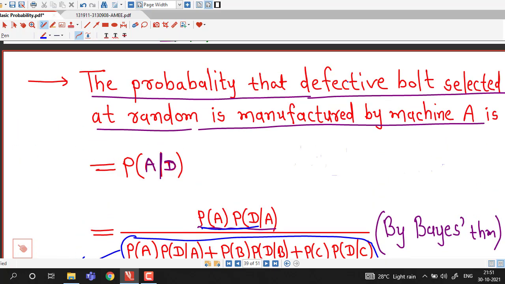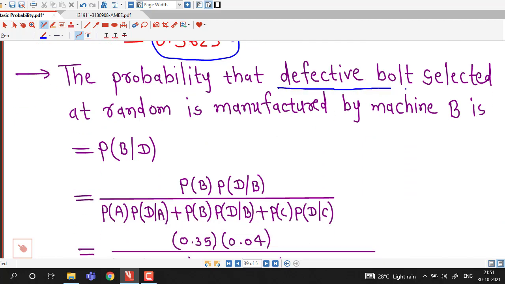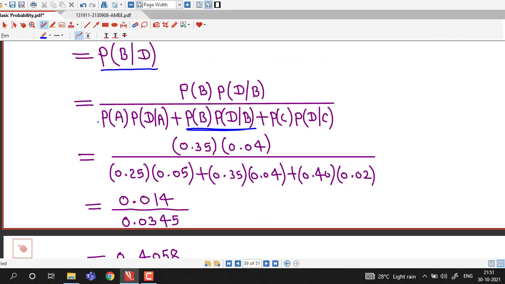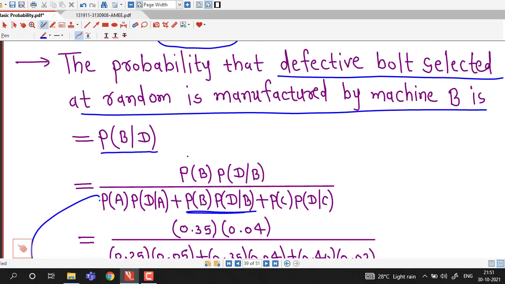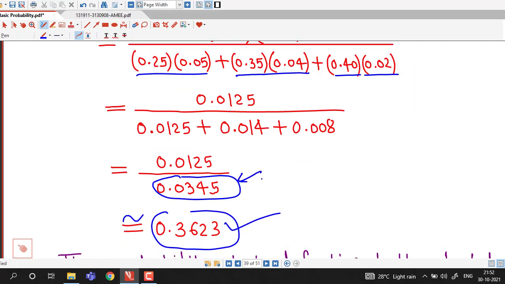Similarly, we find the probability that a defective bolt selected at random is manufactured by machine B. For that, A will be replaced by B. So the probability that a defective bolt is manufactured by machine B is the probability of B given D. Here we write this term in the numerator, and the denominator is 0.0345, from the previous step.